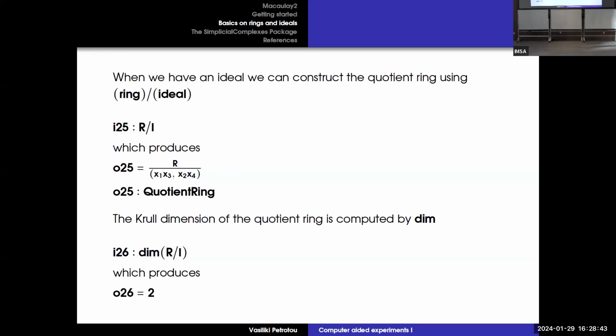And using the command dim and the name of the quotient ring, we can compute the Krull dimension of this ring. Are there any questions so far?